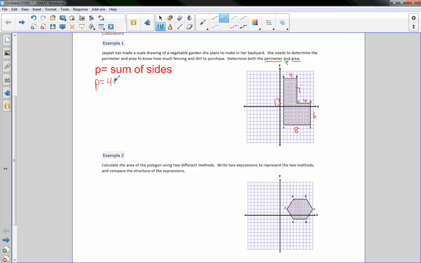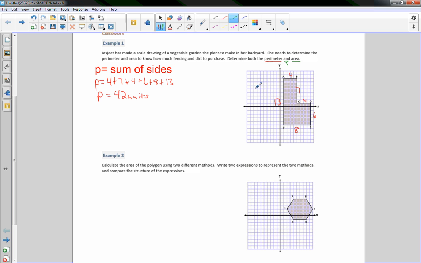So it's 4 plus 7 plus 4 plus 6 plus 8 plus 13. So the perimeter is 7 plus 4 is 11, plus 4 is 15, 21, 29, 39, and 3 is 42 units. It's distance, it's not squared. Perimeter is 42 units.